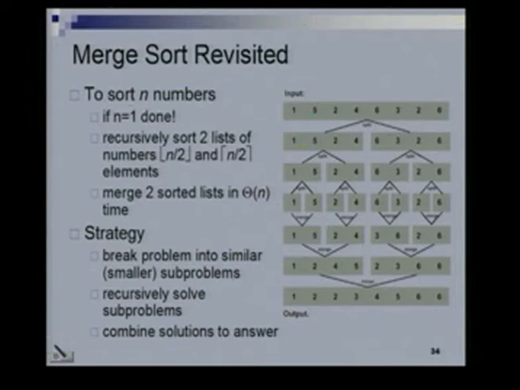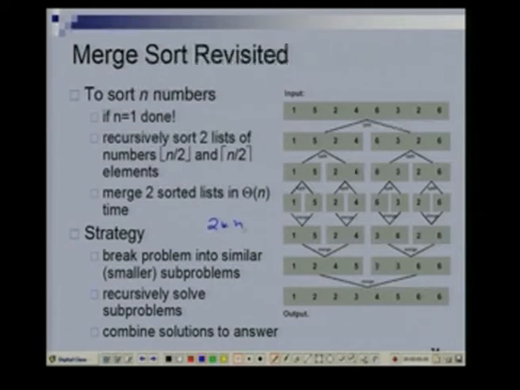We are going to see another way of doing this argument in a short while, but you should understand what is happening. Each of these merges is taking 2 units and there are n by 2 such merges, and after that we get sequences of length 2. Now we are merging these. Each of these merges is now going to take 4 units of time, and there would be n by 4 such merges.